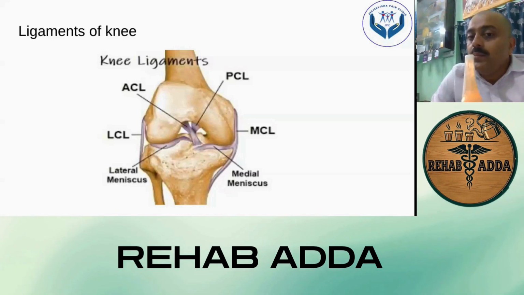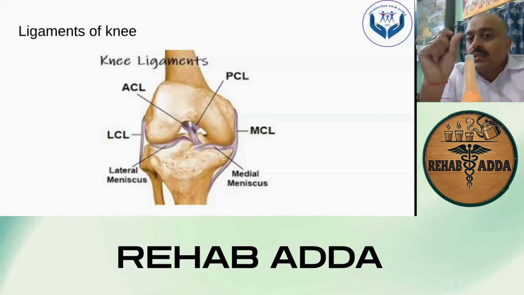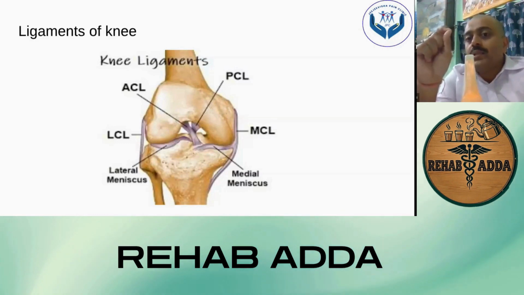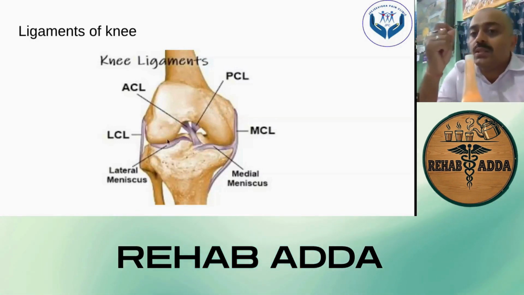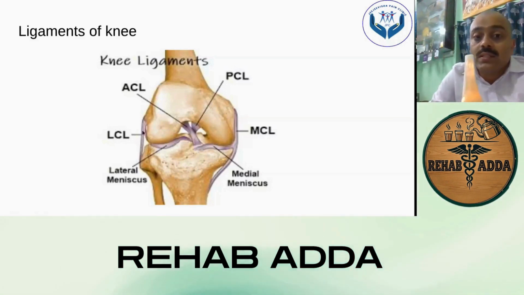The medial collateral ligament and medial meniscus, these are the two that are very closely attached to each other. So if there is a medial collateral ligament tear, there is always a chance that there will be a tear in the medial meniscus. But it is not the same with the lateral collateral ligament and the lateral meniscus. Remember this. Can you see the gap?